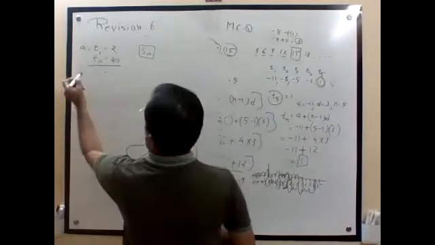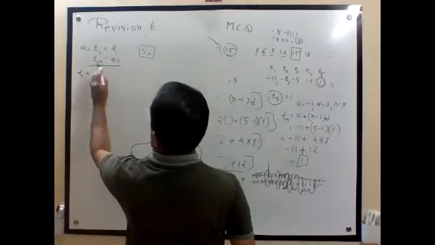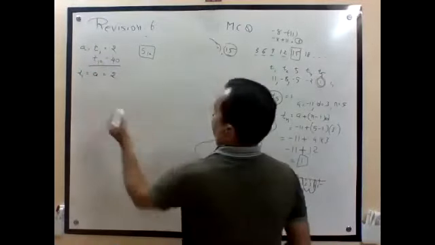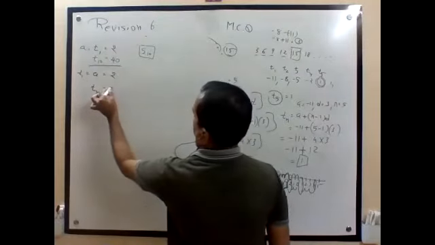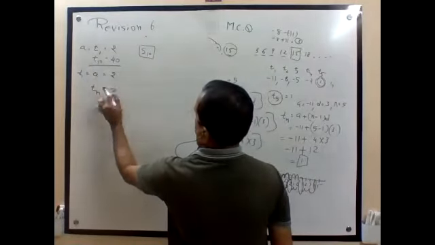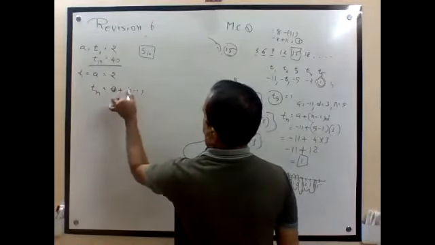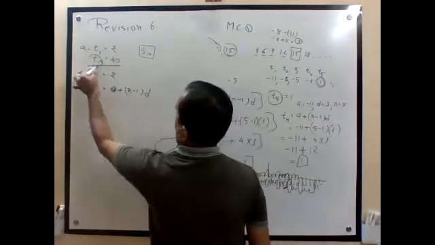T1 is given, so T1 is equal to A is equal to 2. Now we have to find A plus n minus 1 d. We will go for T10.